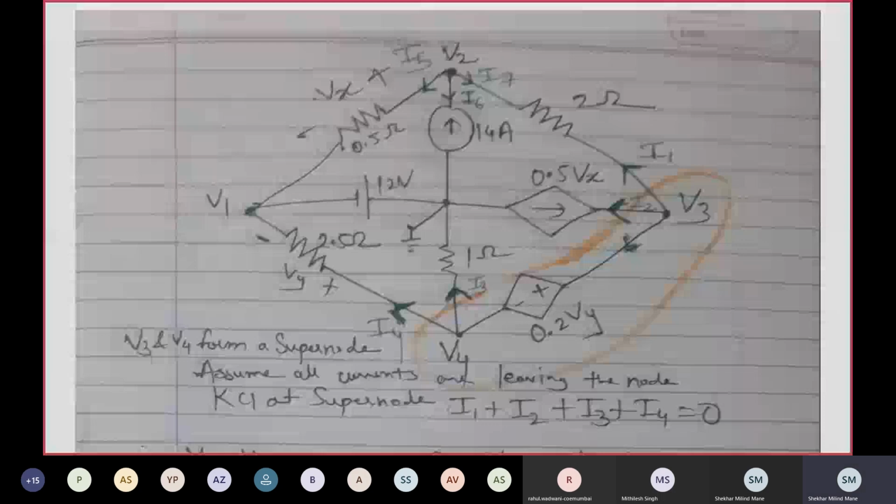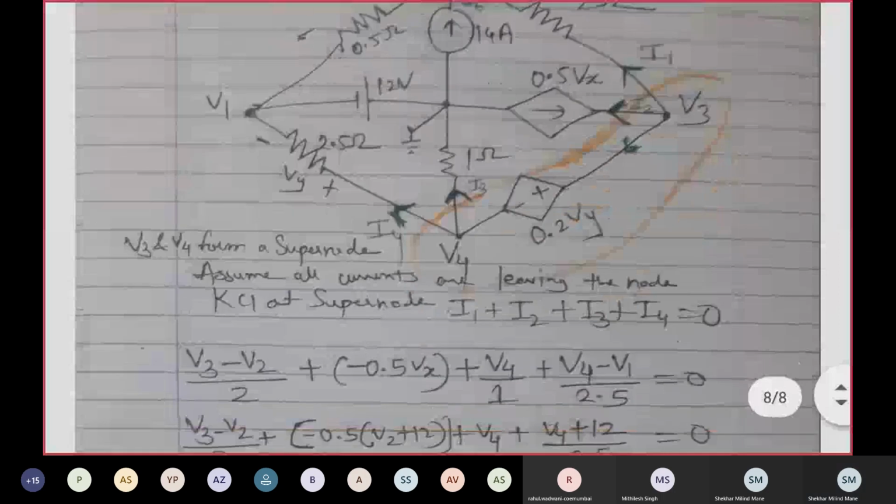So apply KCL at supernode. Assume all the currents are leaving the node. So I'll get I1 plus I2 plus I3 plus I4 is equal to 0. So what is my I1? I1 is going from V3 to V2. So I1 is equal to V3 minus V2 upon 2.